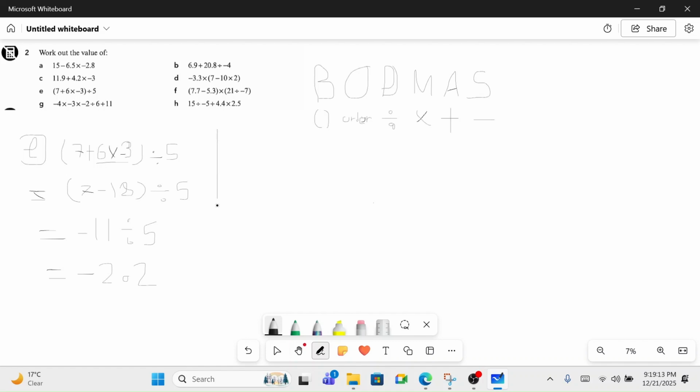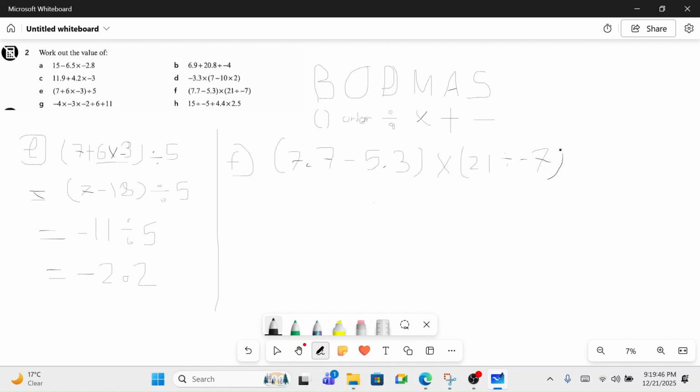So after E, let's move to number F. 7.7 minus 5.3 times 21 divided by minus 7.